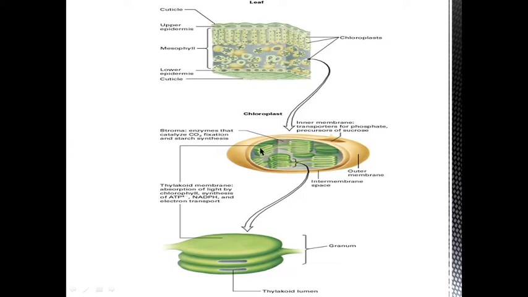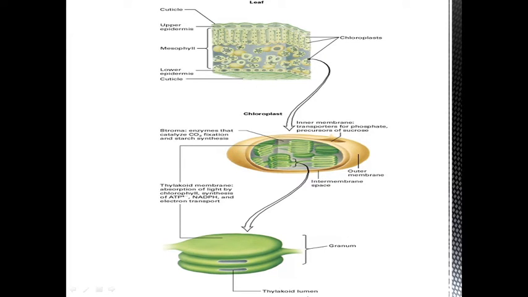Now in the stroma portion, enzymes that catalyze carbon dioxide fixation and starch synthesis are present. Actually glucose is synthesized in the dark portion of chloroplast, which is known as stroma. Now this is the structure of granum.